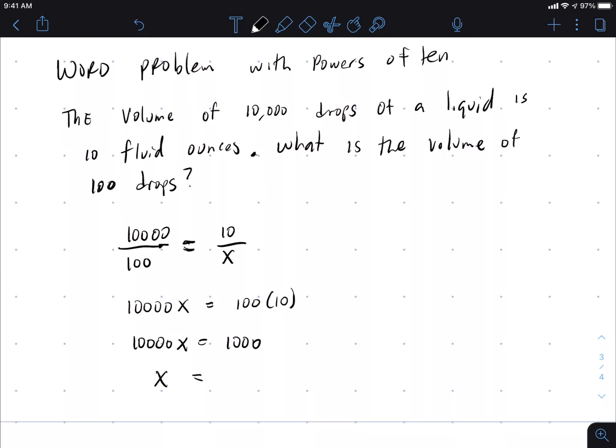So then x is going to be 1,000 over 10,000, which should be 1 over 10. Or we can say that's 0.1 fluid ounces. Does that make sense?